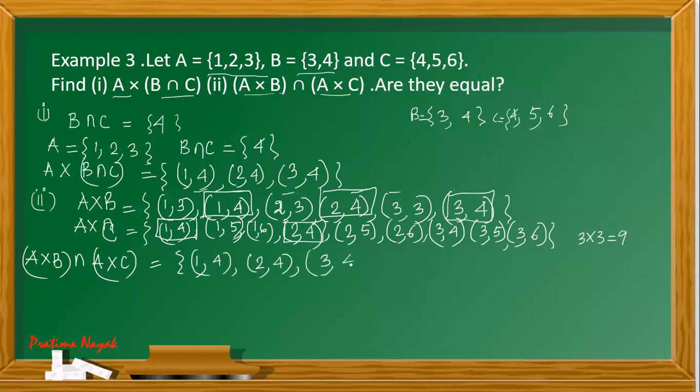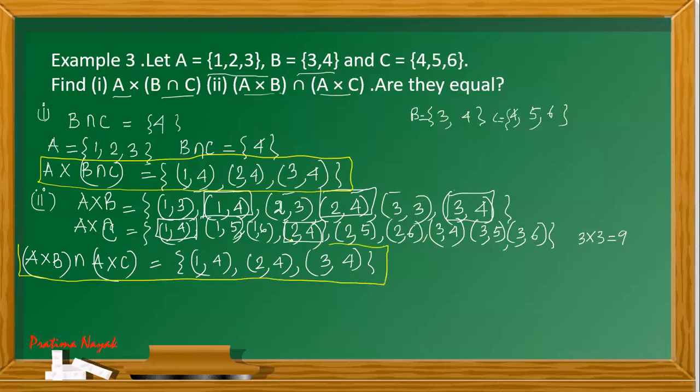So do you find that these two expressions, 1 and 2, are equal? One is (1, 4), (2, 4), (3, 4) and in this second portion I am getting (1, 4), (2, 4), (3, 4). Are they equal? Yes, they are equal.